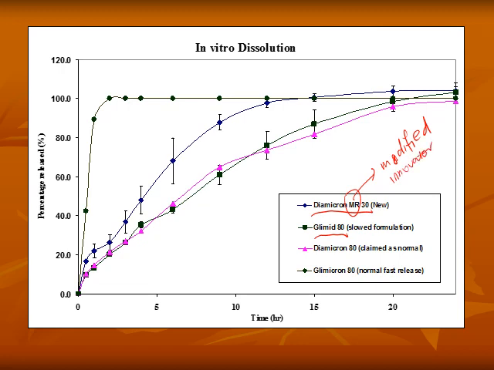Even though the innovator has modified the release, their release is still not better than the locally formulated gliclazide. So with that, we may want to argue why we need to do bioequivalence if our product cannot perform better than an innovator.